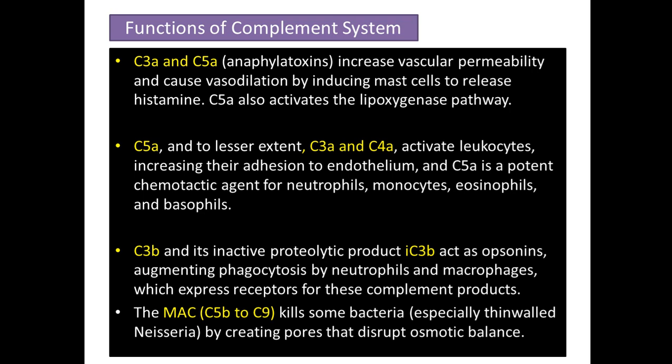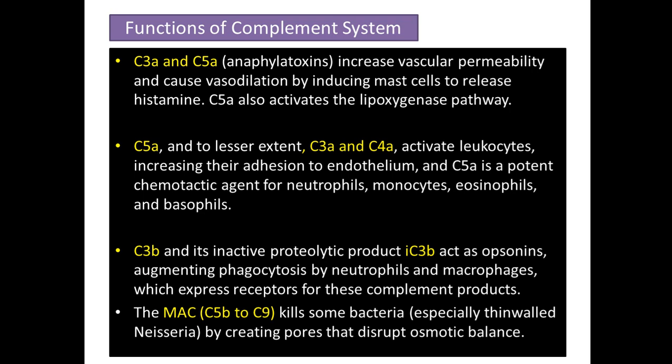The cyclooxygenase pathway results in the formation of prostaglandins and thromboxane A2, while the lipoxygenase pathway results in the formation of leukotrienes and lipoxins. The C5a and C3a and C4a activate leukocytes and play their role in inflammation by increasing the adhesion of the leukocytes to the endothelium.